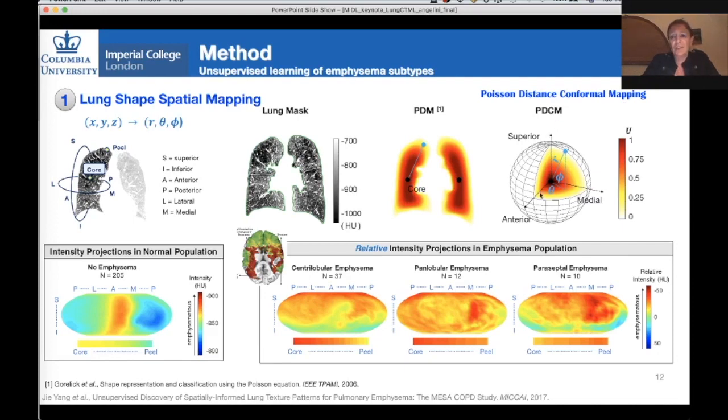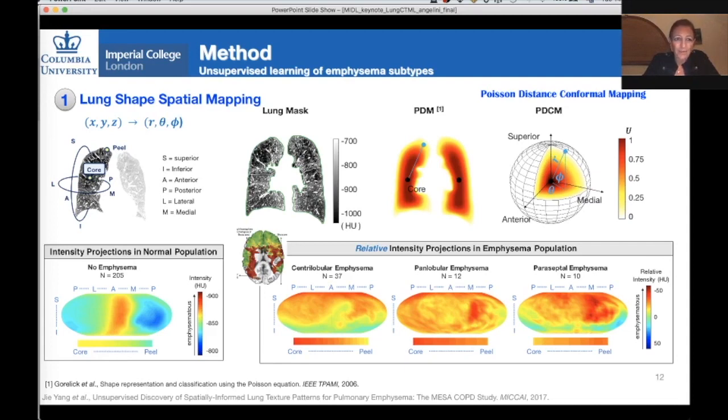And this is actually really nice, to have such a tool to spatially align lungs without requiring any registration. And this is very analogous to what is done in neuroimaging to map brains on spheres. And just with this simple tool, we were able, for example, to generate first-time atlases of the lung. For example, here, just looking at the Hounsfield units within scans.